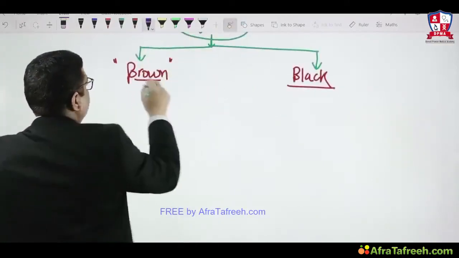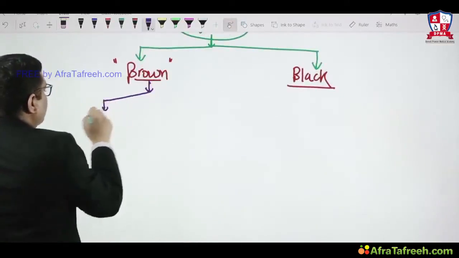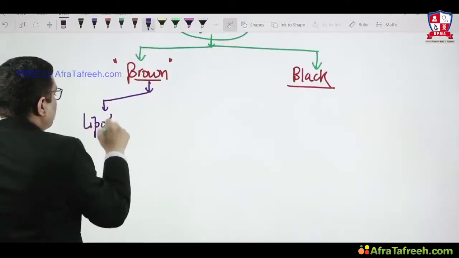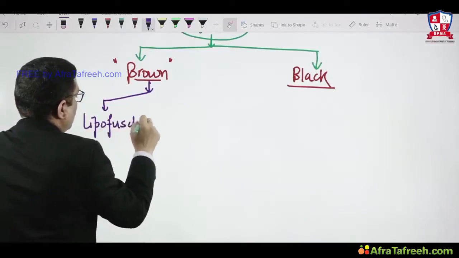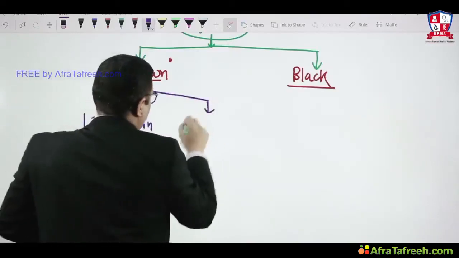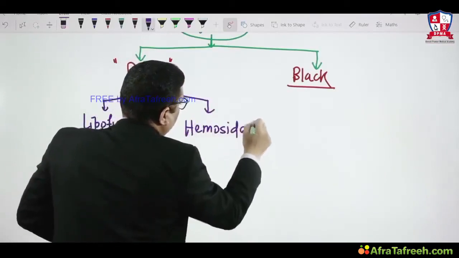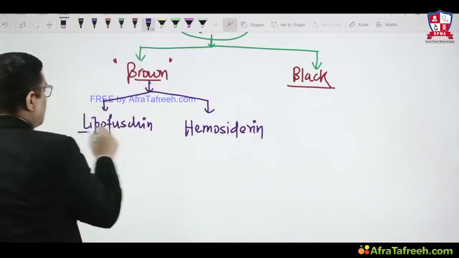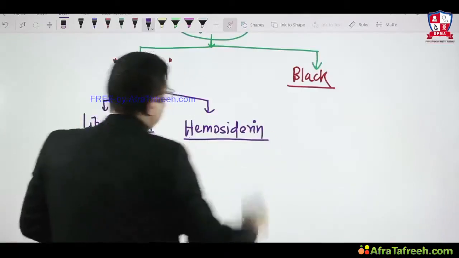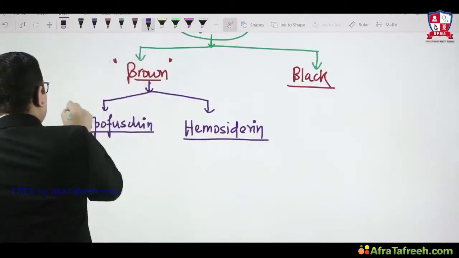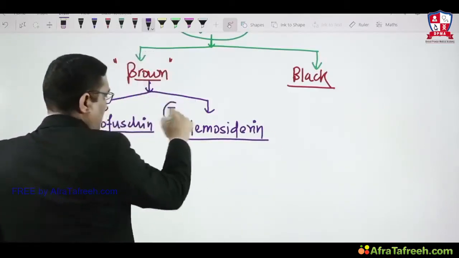What is the differential for the brown pigment? There are two pigments which we'll discuss here. One is the lipofuscin, and second brown pigment is the hemosiderin. So these are the two brown pigments.